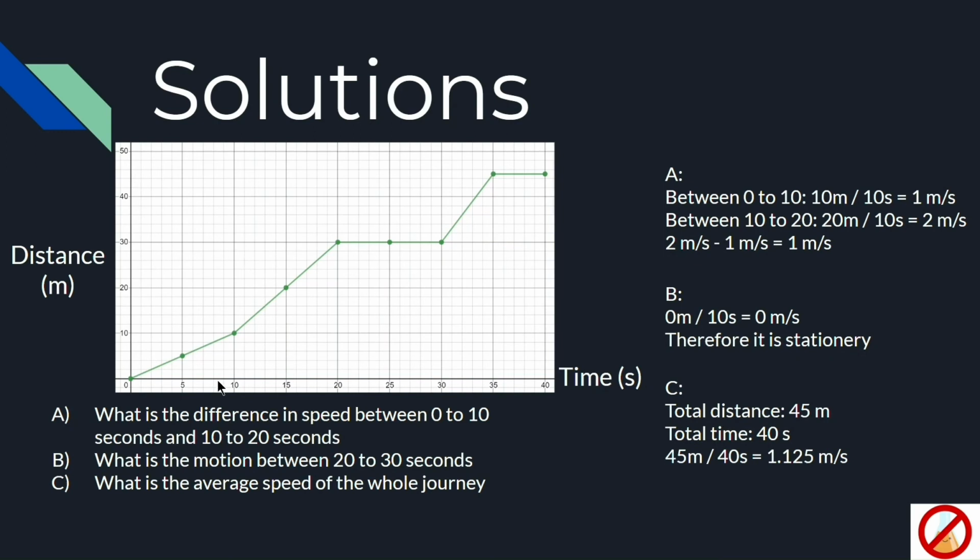And how about the time? We can look at the x-axis. This object eventually stopped at 40 seconds. So we can tell that this object spent a total time of 40 seconds traveling. So it's pretty simple. To calculate average speed, just take the total distance traveled divided by the total time. So 45 meters divided by 40 seconds will give you an answer of 1.125 meters per second as the average speed.